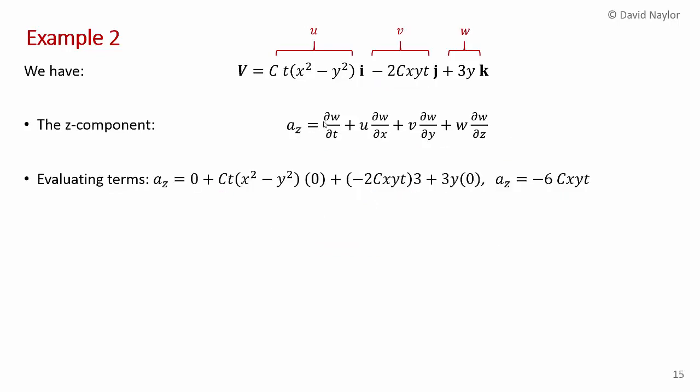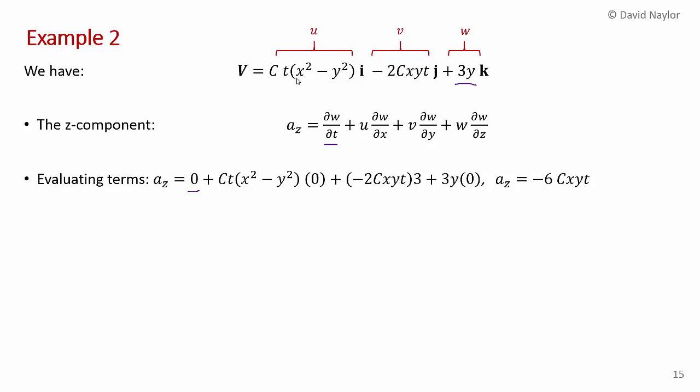Again, now we're looking at the local acceleration, ∂w/∂t, and now we have w in here. So it's u ∂w/∂x, v ∂w/∂y, w ∂w/∂z. So going term by term, keeping in mind that w is 3y. So if we take the derivative of 3y with respect to t, we get 0. Now I've rewritten u here.